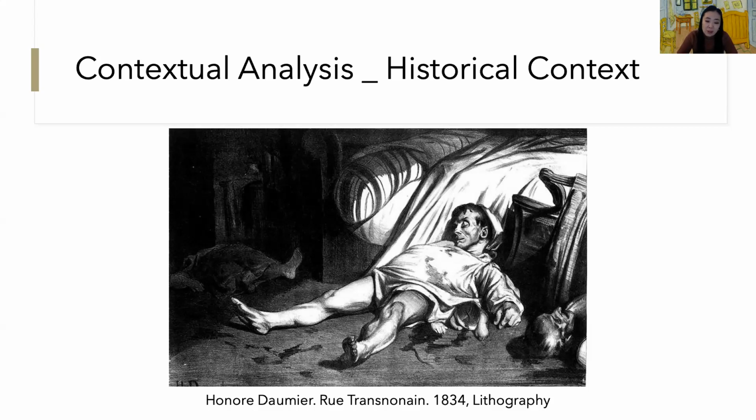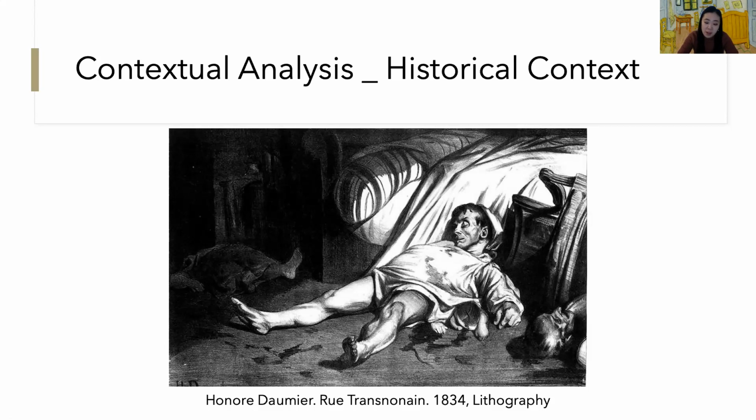So this is a realism artist Honoré Daumier's lithography printing work of art. He recorded a historically terrible event in this work. Major French cities, including Lyon and Paris, revolted.